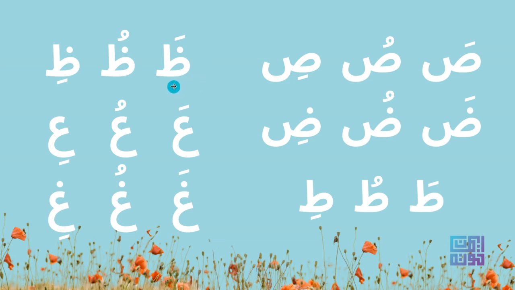This one is Dha, and the other one is Tha. With a Damma, Dhu. So it's Dha, Dhu. With a Kasra, Dhi. Let's say it again. Dha, Dhu, Dhi. Okay.